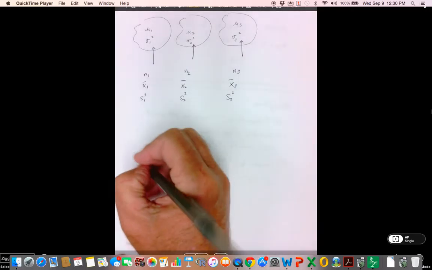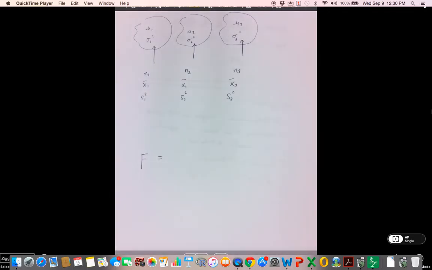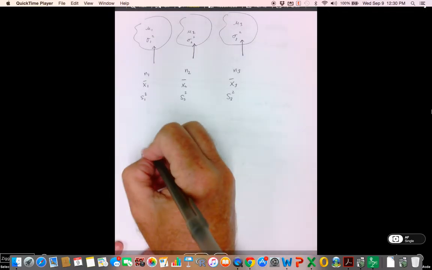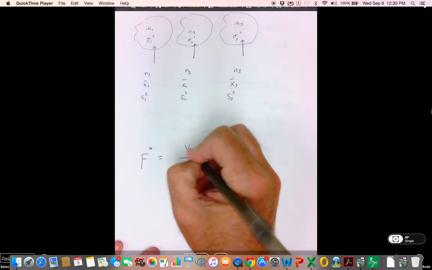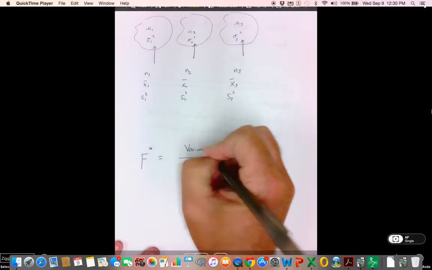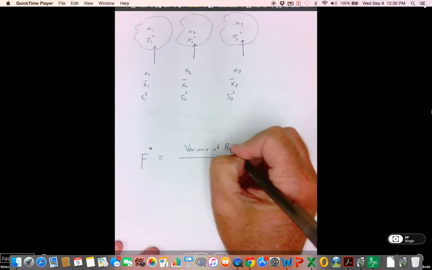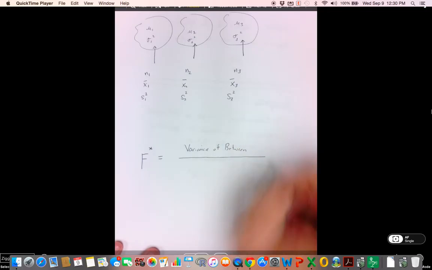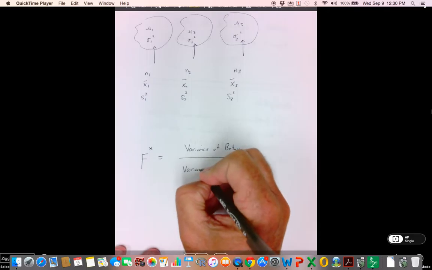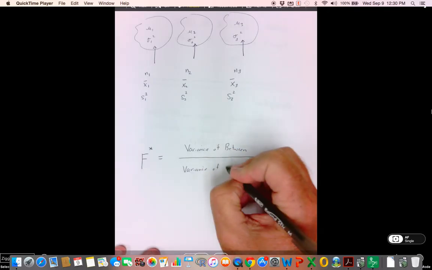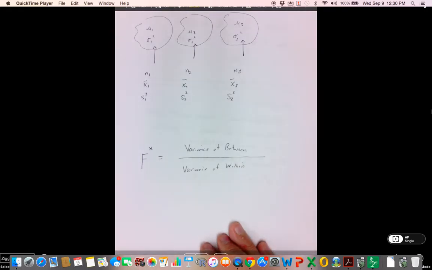From this sample data, we will calculate what's called the F-statistic. And the F-statistic is going to be calculated by examining the ratio of what I'll call the variance of between divided by the variance of within.